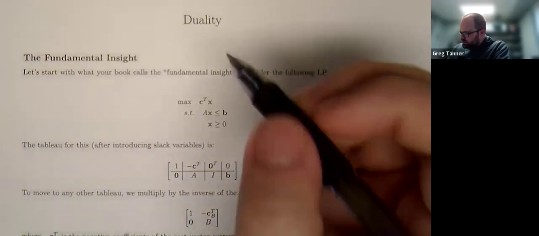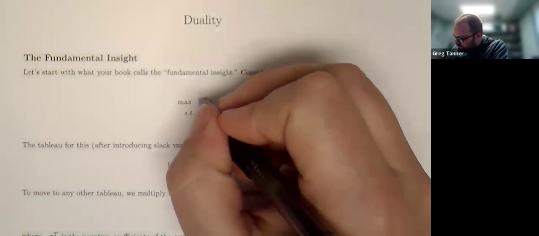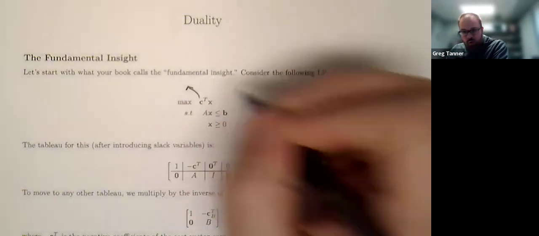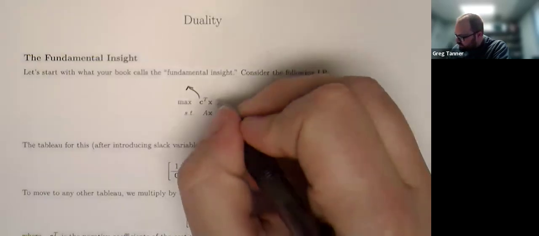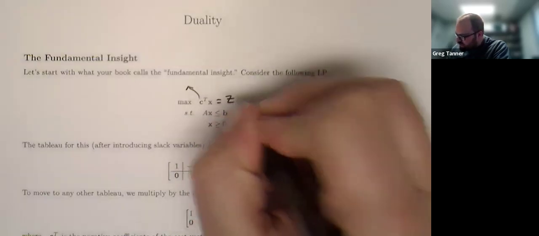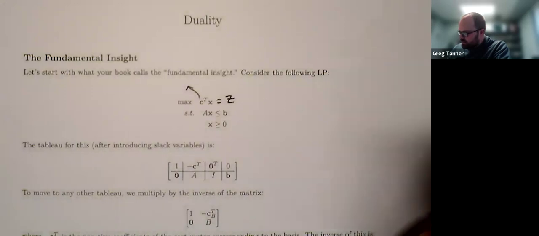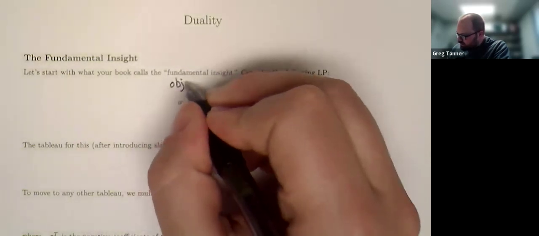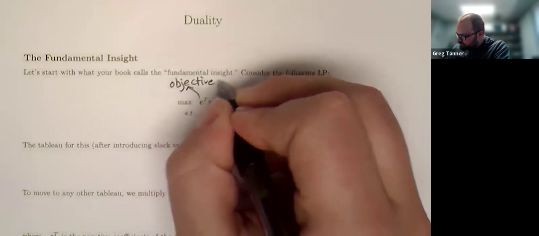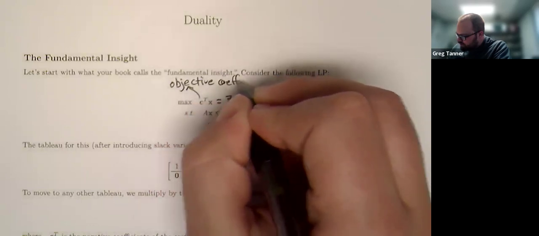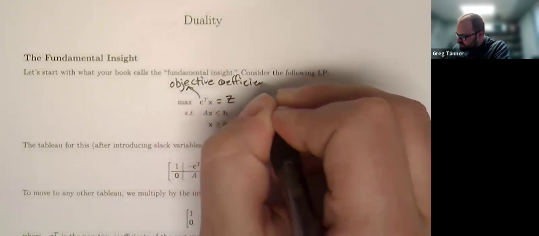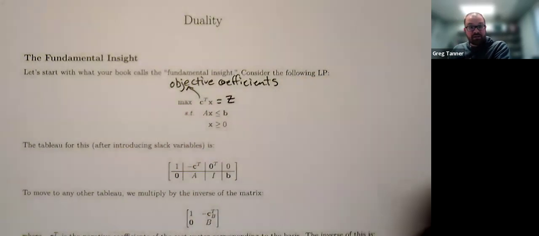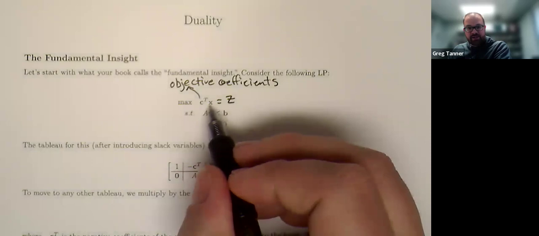Looking at this matrix, we see that those are the coefficients of the objective vector. And so we'll call Z our objective value. These are going to be the objective coefficients, and we can collect them together into a vector that we're multiplying by our X vector.